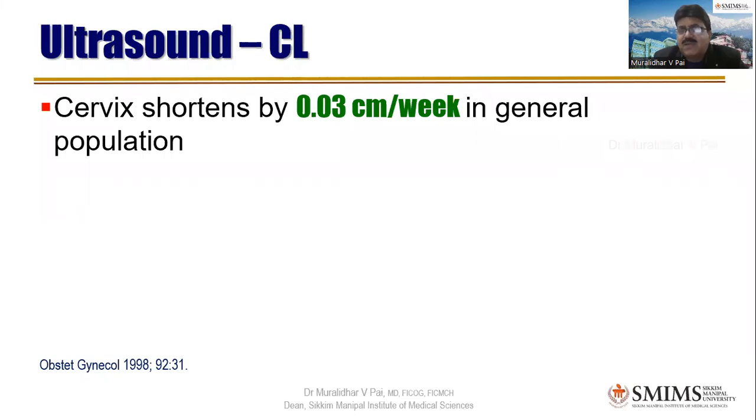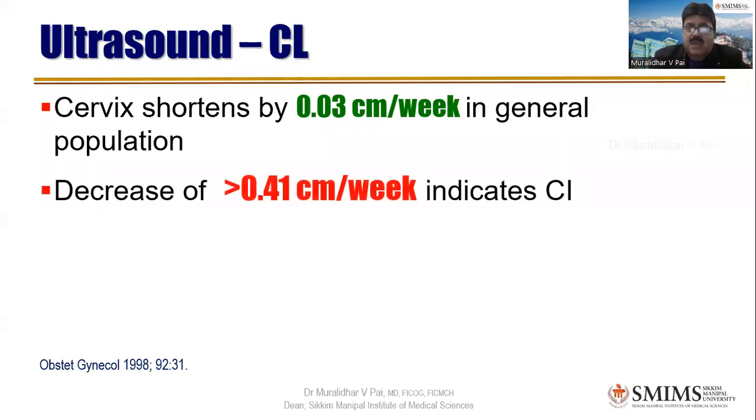We can't really look at this 0.03 centimeter unless you are so particular and keen and you have got a very high resolution ultrasound and you are so accurate. It's not possible. It's a calculation. But if a decrease of more than 0.4 centimeters, that means 4 millimeters per week happens, it indicates cervical insufficiency. So that is the meaning of you have to do serial ultrasound to find out.